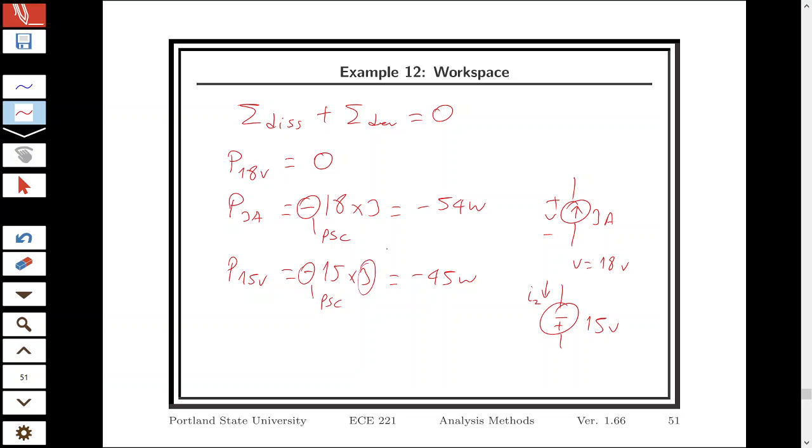So this is I2. So total power dissipated equals minus of total power developed, and this is 99 watts. Okay, so question solved, and we solved this question using a super mesh.